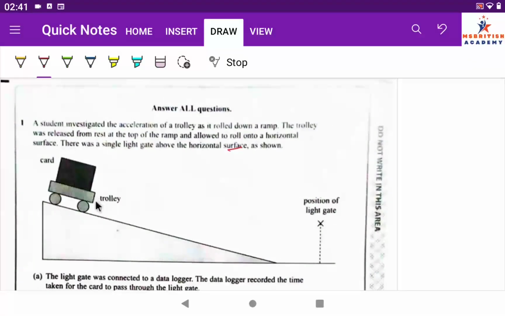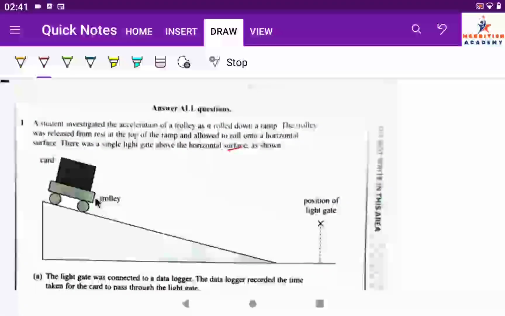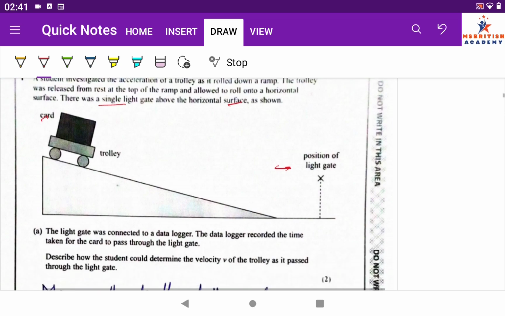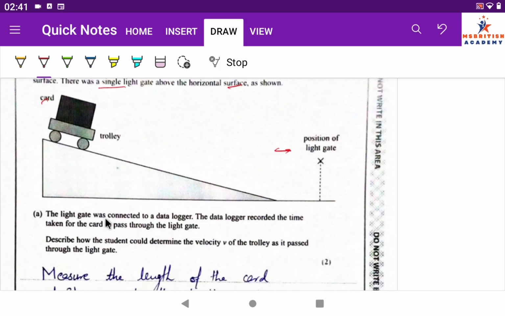So see, it's a trolley, and on the trolley we have a card, and here a single light gate is. First question: the light gate was connected to a data logger. The data logger recorded the time taken for the card to pass through the light gate.